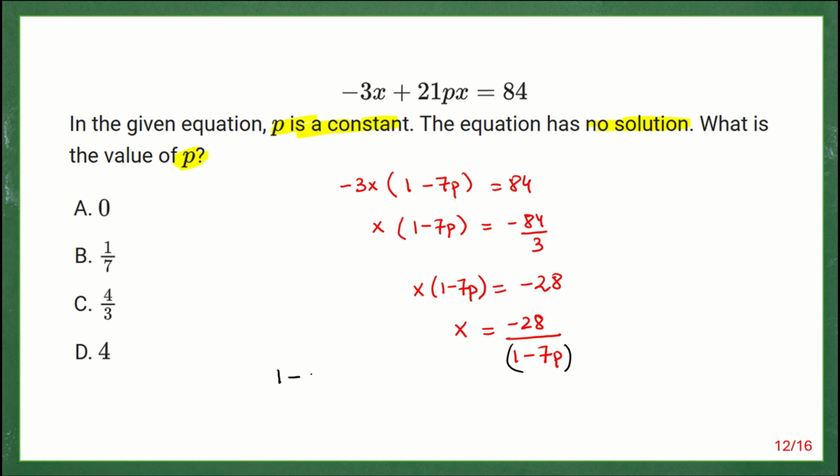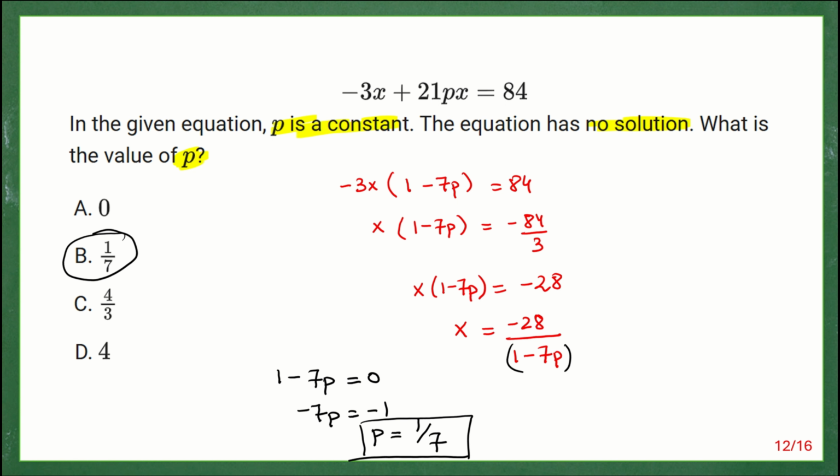So I have 1 minus 7p equals 0, which simplifies to minus 7p equals minus 1, and p equals 1 over 7. So the correct answer is option number B.